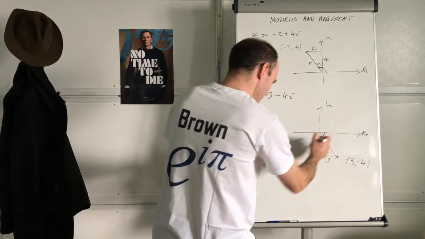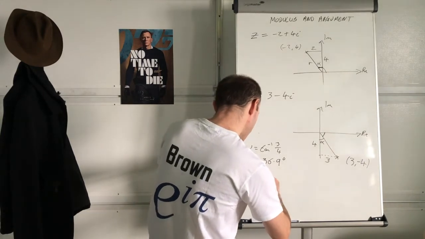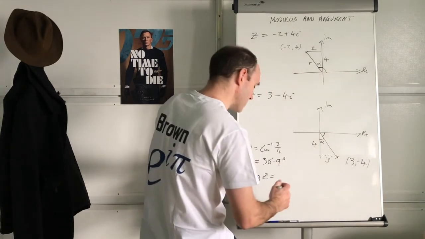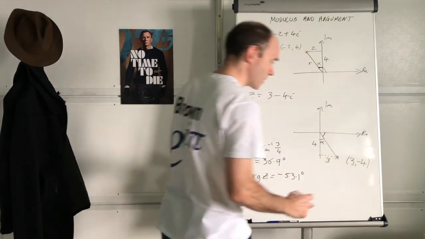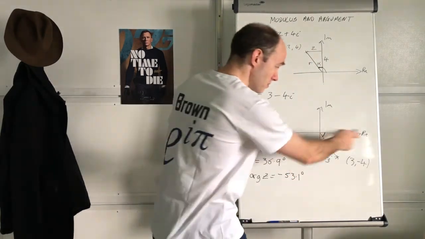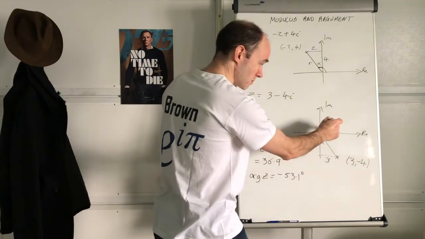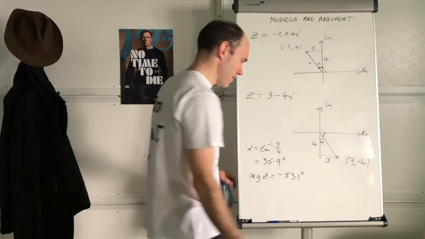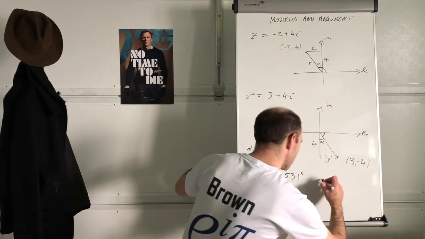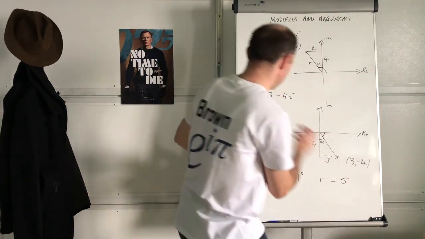So that means that angle there, the argument of z, is going to be equal to negative 53.1 degrees, because it's below the x-axis, below the real axis. So when the argument is below the horizontal axis, it's negative. And the modulus is just going to be 5, isn't it?